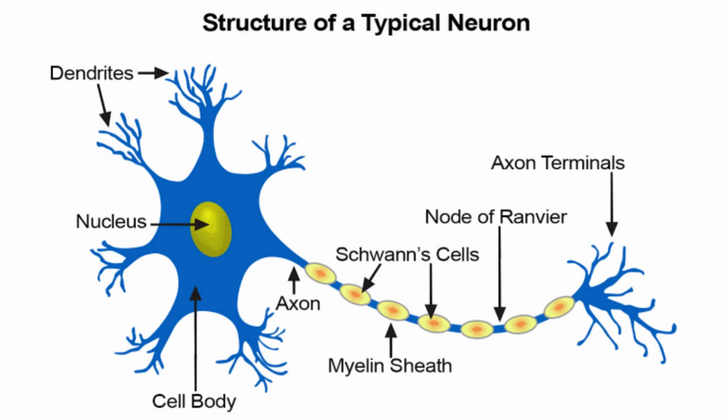It is the part that controls every other function of the neuron. The dendrites. The dendrites are short cytoplasmic filaments which conduct impulses towards the cell body. The axon. The axon is made up of a single long fiber which transmits impulses away from the cell body.